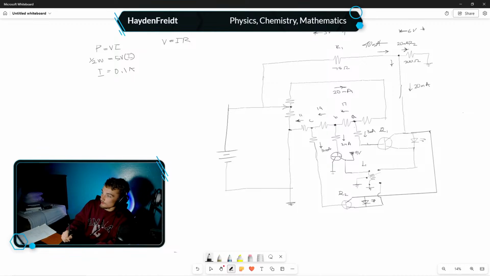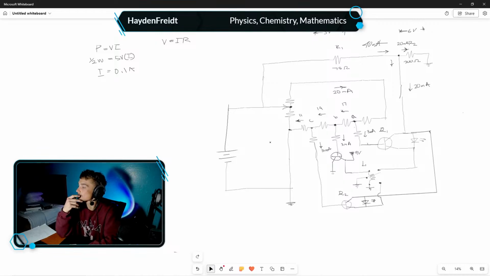So how can we determine my voltages? I'm trying to think of the best way to analyze this. I guess it's kind of up to me when to activate.